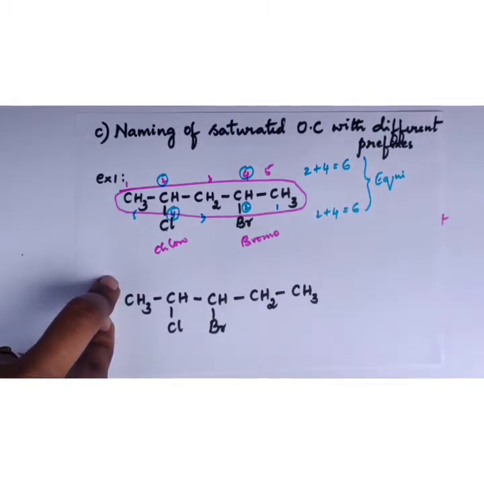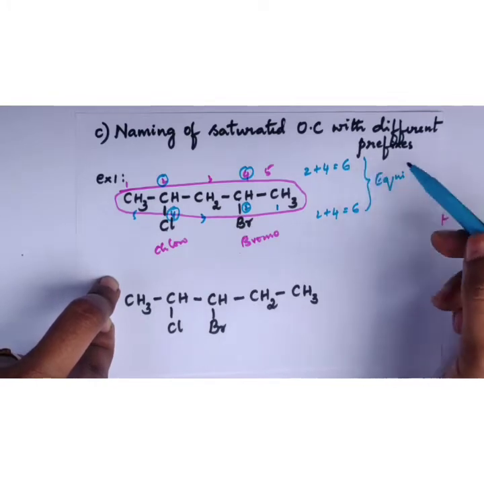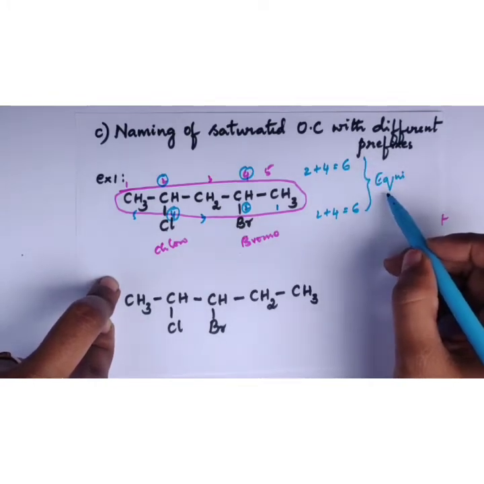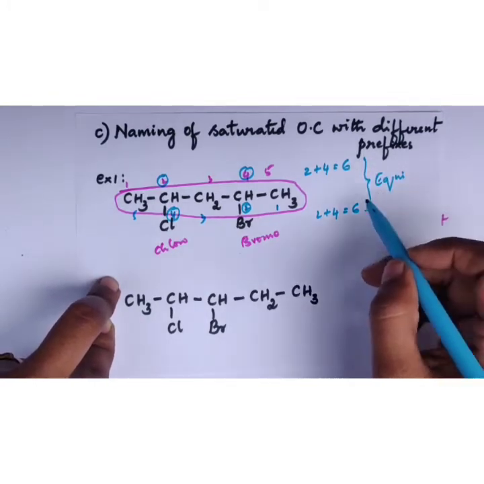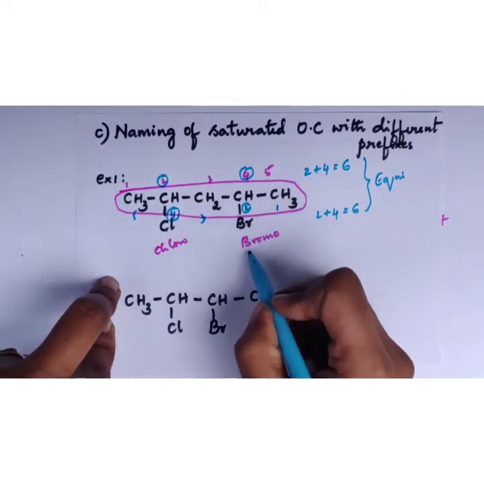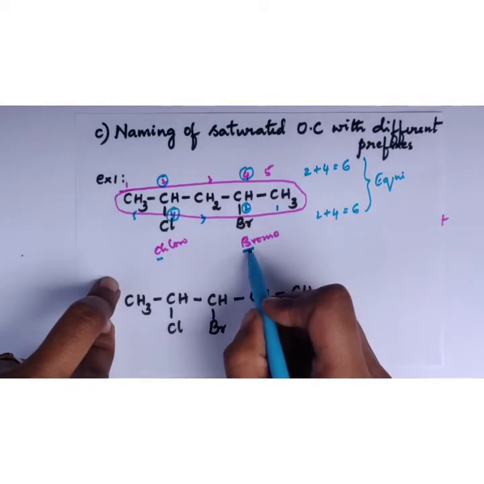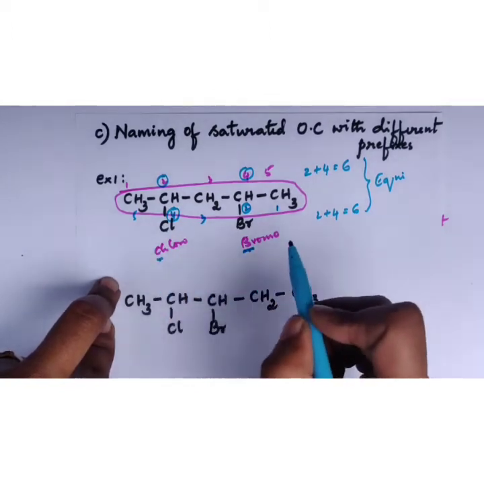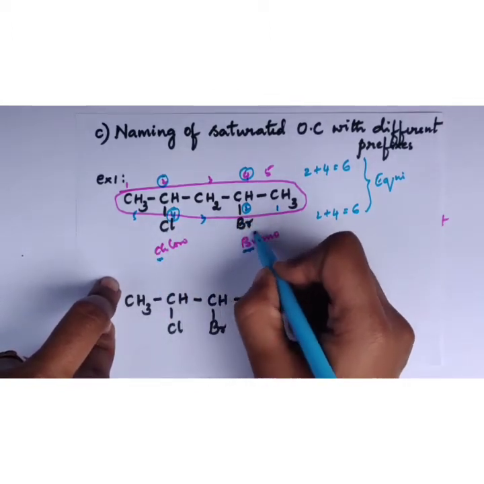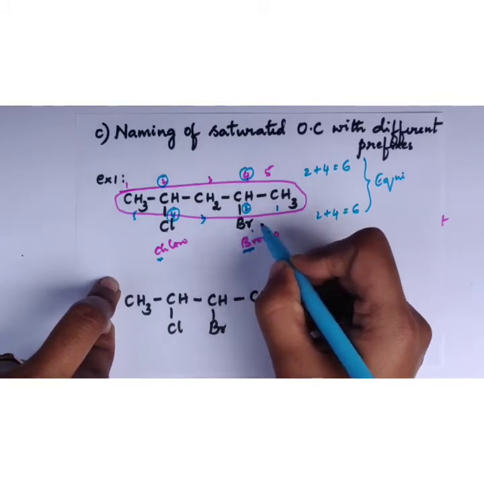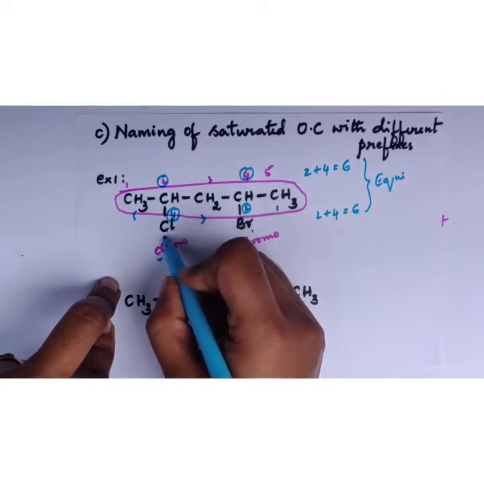When it is equivalent, for numbering you have to go according to the alphabetical order. Remember, when the total is equal, the numbering should go according to the alphabetical order. Alphabetical order means here B comes first compared to C. Next comes C. That means this bromo gets the least numbering when you compare that with chloro.